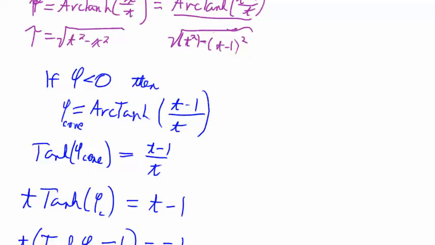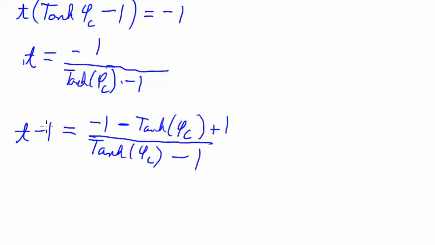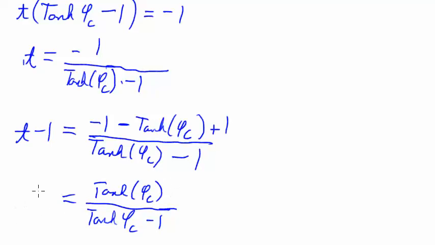I'm not sure if there's any huge value doing this, but let's find out what t minus 1 is, if there's a simplification we could make here. Actually, there is, because the minus 1 minus tanh phi sub c plus 1 will cancel out, and we'll just have hyperbolic tangent of phi sub c divided by hyperbolic tangent of phi sub c minus 1.